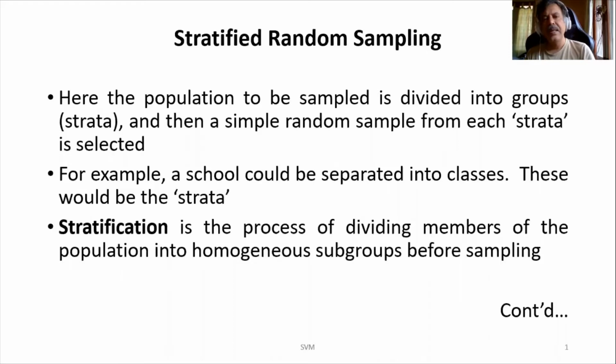Whereas if I compare them with the BBA second year students, they have completed their first year and have already entered BBA second year. So there is a dissimilarity between BBA 1 and BBA 2, but there is a homogeneity within the particular group. So stratification is the process of dividing members of the population into homogeneous subgroups before doing a sampling.